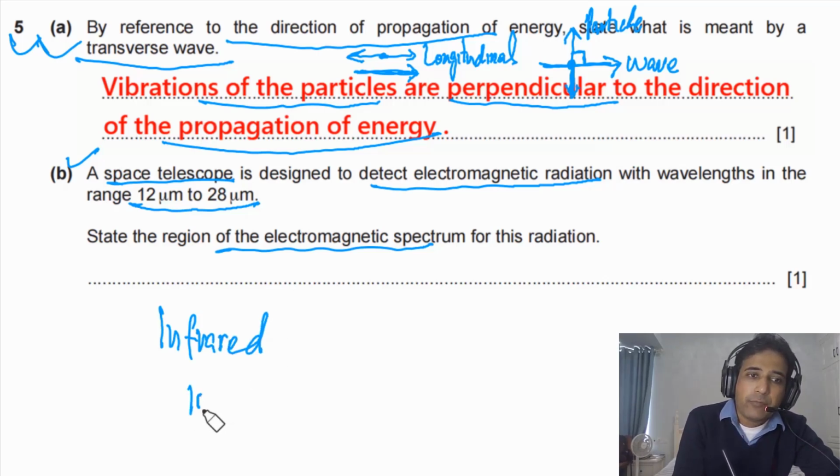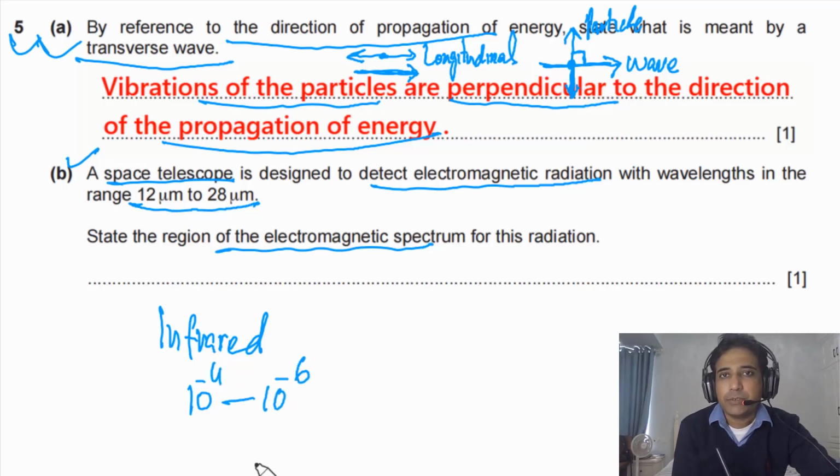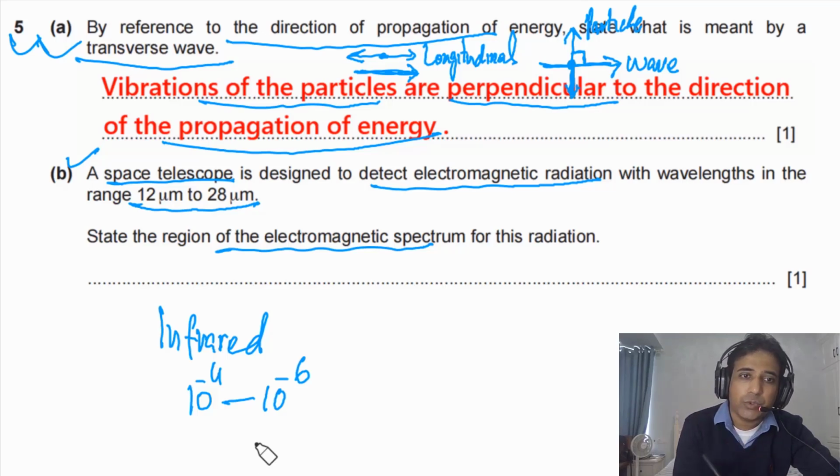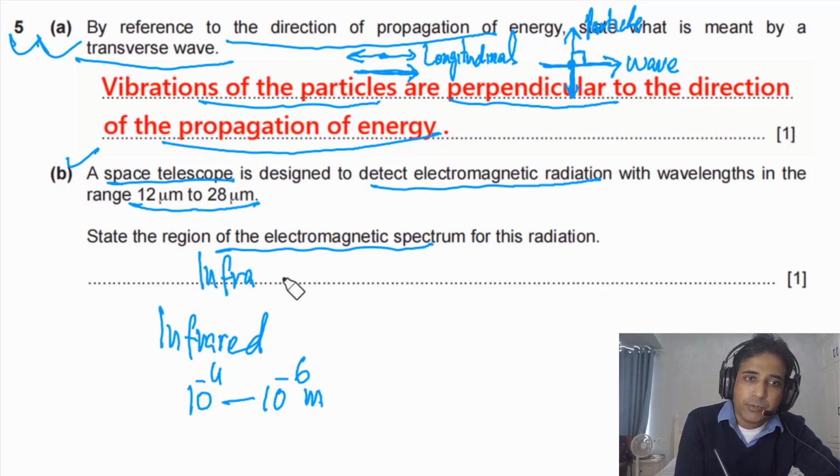Infrared has wavelengths between 10 to the minus 4 and 10 to the minus 6 meters, about this range. So you can see here we have micrometers. So it simply means that this is infrared.